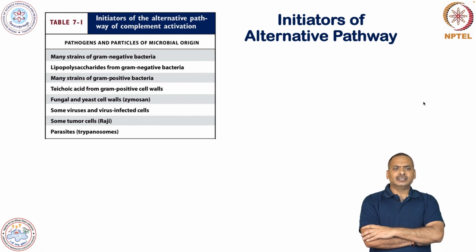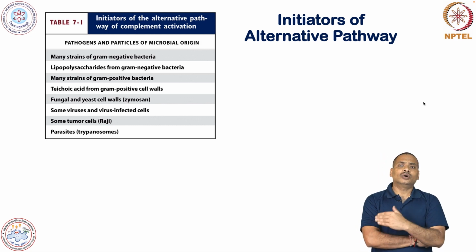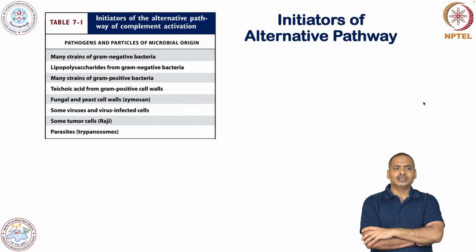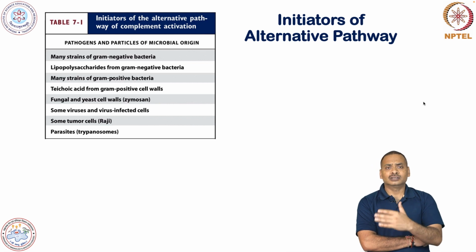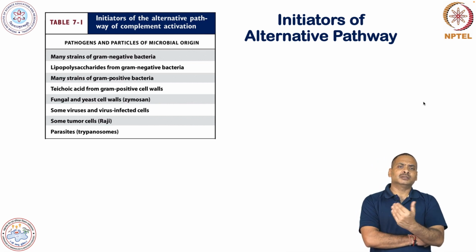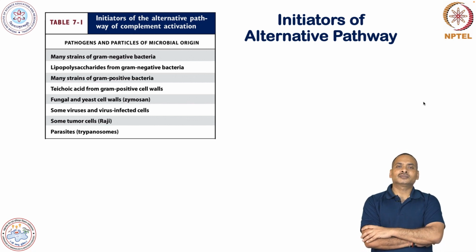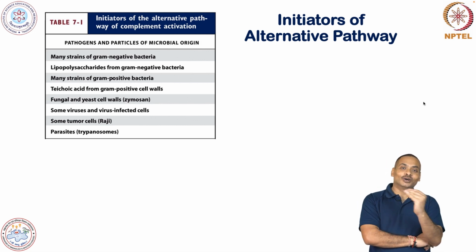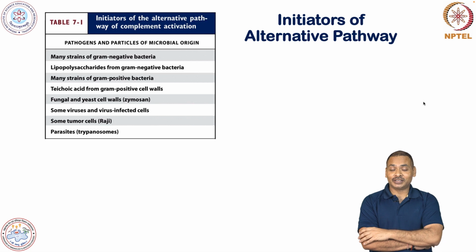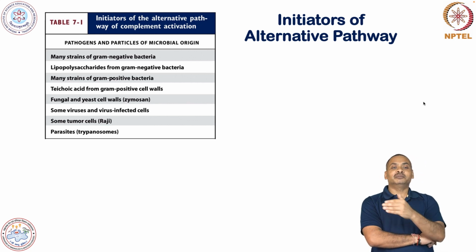Some viruses and virus-infected cells can also trigger the alternative complement pathway. Interestingly, tumor cells can also trigger the complement pathway, and some parasites can also trigger it. Here you can see that this complement can be triggered by all kinds of microbial pathogens, that is gram positive bacteria, gram negative bacteria, viruses, and parasites.